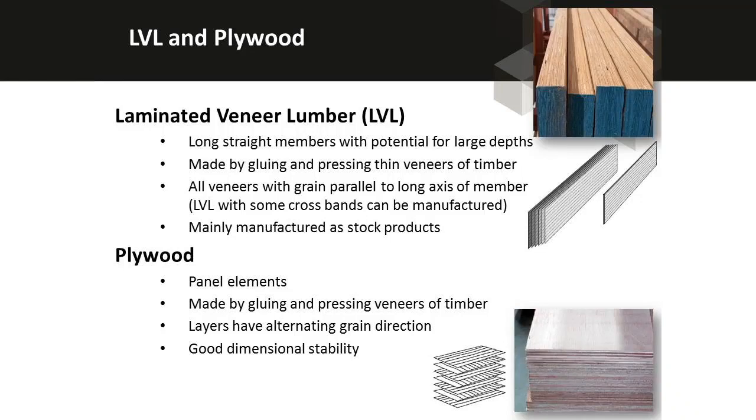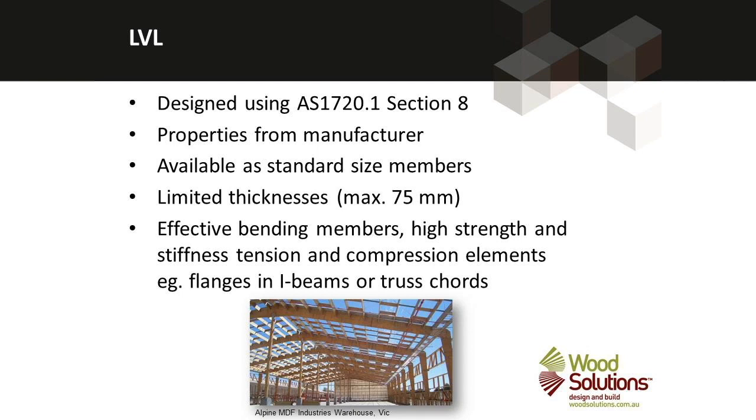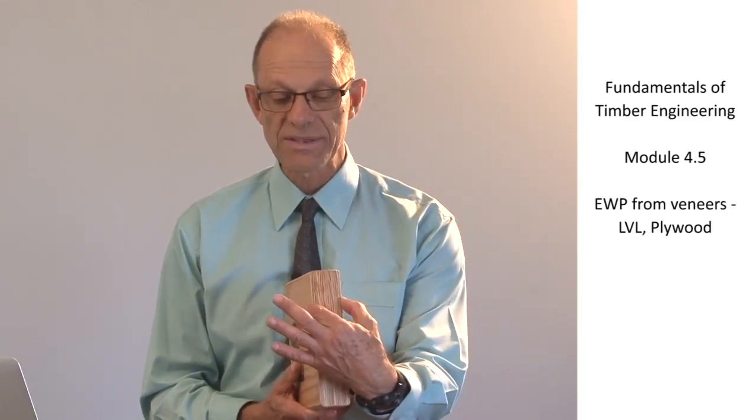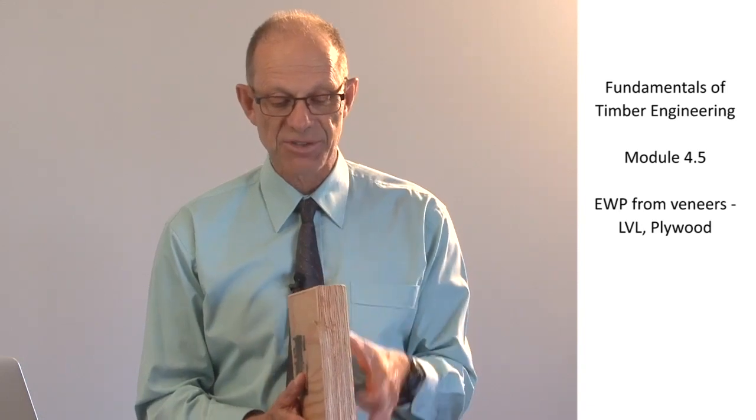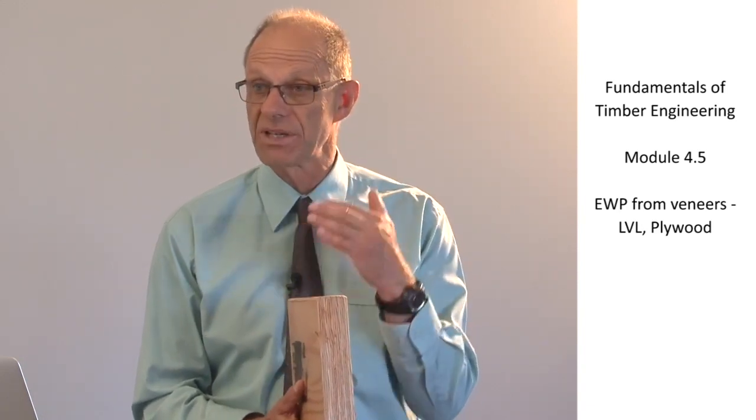So plywood and LVL. Laminated veneer lumber can be designed using AS 1170 Part 1, Section 8. The properties have to be obtained from the manufacturer, and LVL is available in standard sizes. They have standard widths and standard depths of members, up to 1.2 metres high.